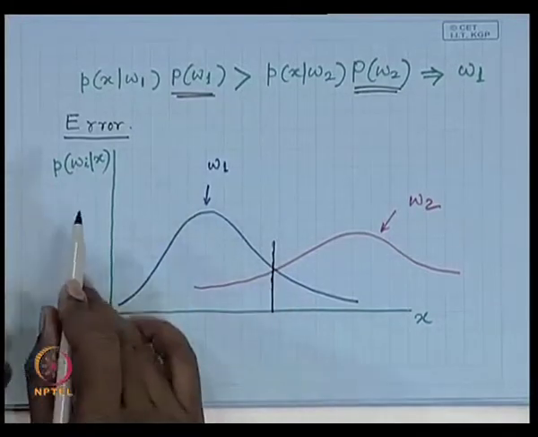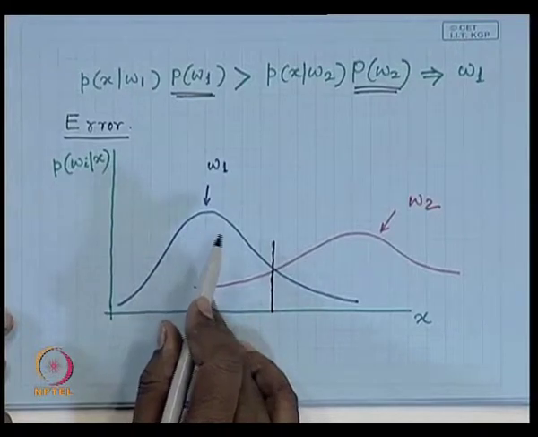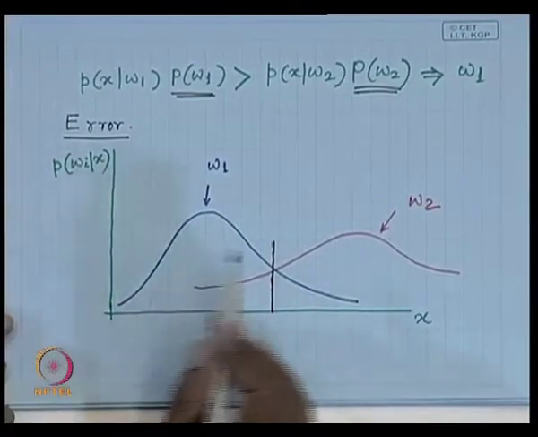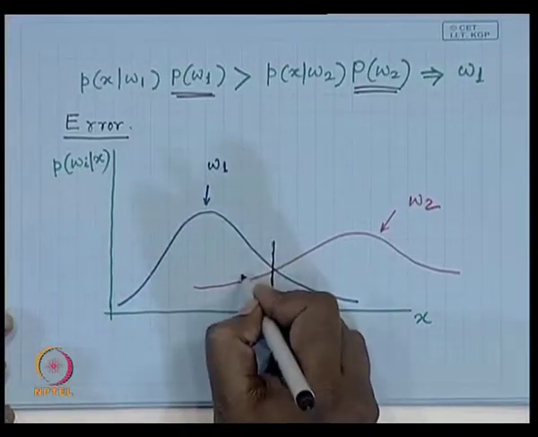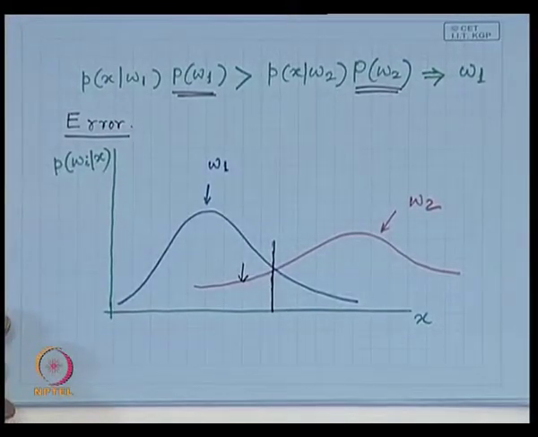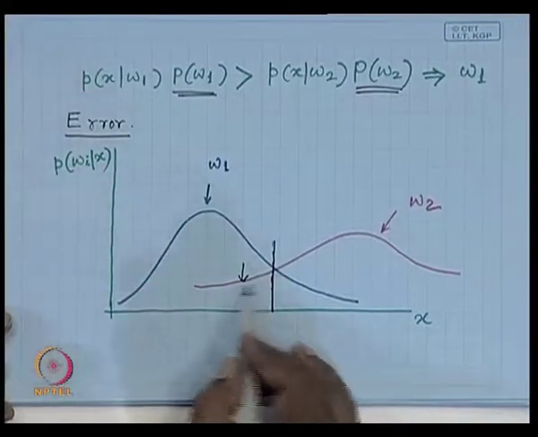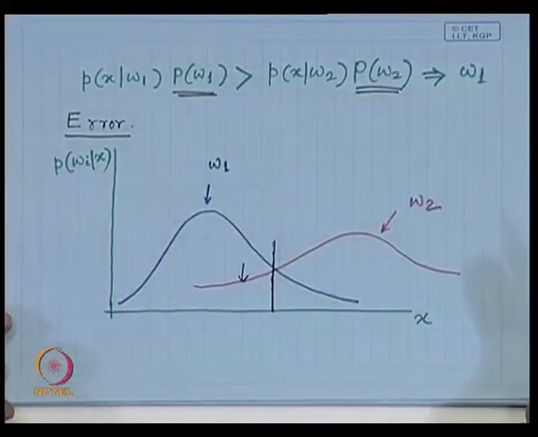But still you find that for a given x, if I decide in favor of omega 1, still there is a finite probability that the object may belong to class omega 2. Okay. Because here p of omega 2 given x is non-zero. If it was 0, then I would have said that there is no error, but there is a non-zero probability that the object may belong to class omega 2.